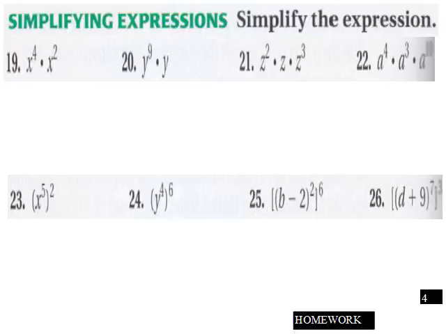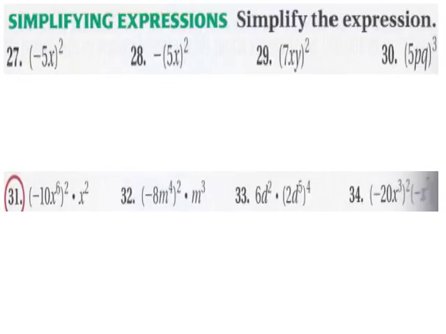And then simplifying expressions further. This here is d plus 9 quantity, d plus 9 to the 7th cubed. So this quantity would be to the 7th power cubed. And then simplify the expression here.